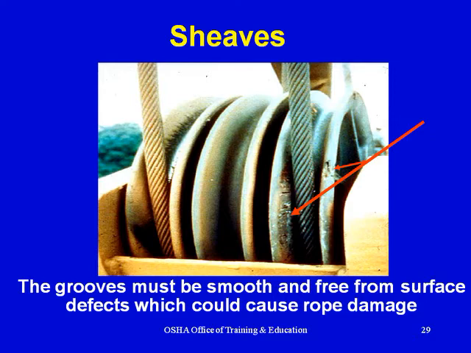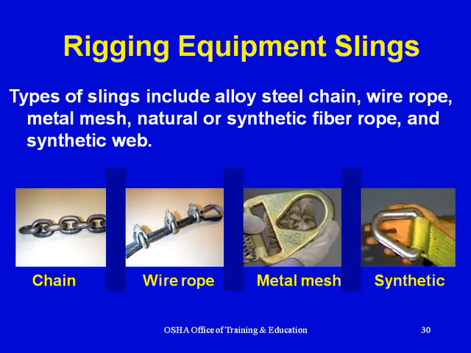Sheaves. The grooves must be smooth and free from surface defects, which could cause rope damage. Rigging equipment slings. Types of slings include alloy, steel chain, wire rope, metal mesh, natural or synthetic fiber rope, and synthetic web.